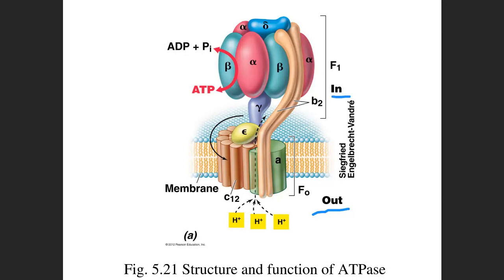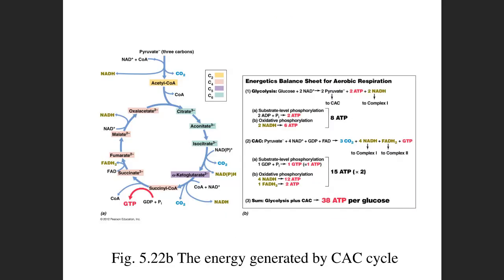I wish they were flipped because all the other formats are like that. But anyhow, 3 protons are needed to go across the membrane through the ATPase to generate 1 ATP. Okay, and this is important for your calculation.